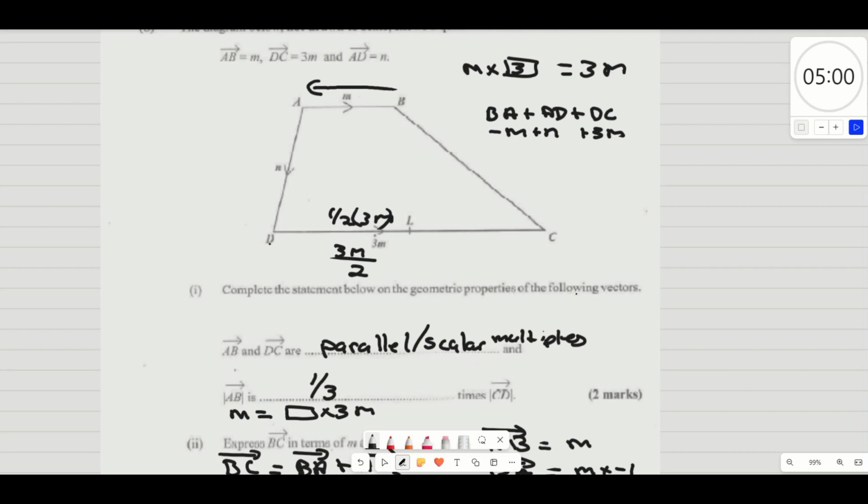If I want BL, I'm starting at B and ending at L. It's going to be BA, which is negative M. Then we're going down here, AD, which is N, and then DL, because it is the halfway, it's a half of 3M, or 3M over 2.